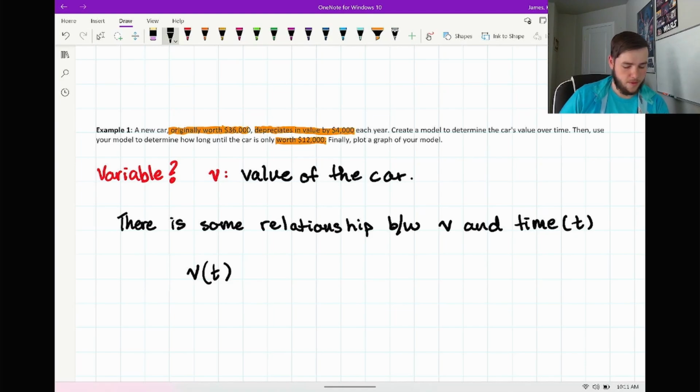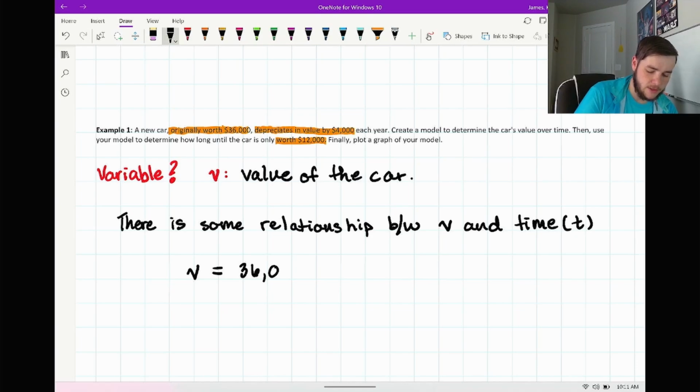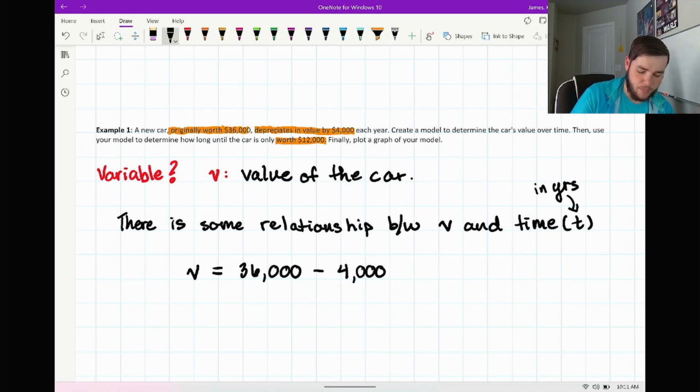I know that the original value of the car is $36,000. And then if this is time in years, I'm going to lose $4,000 per year. So this is the model that determines the value of the car.